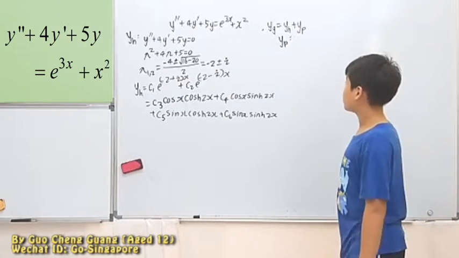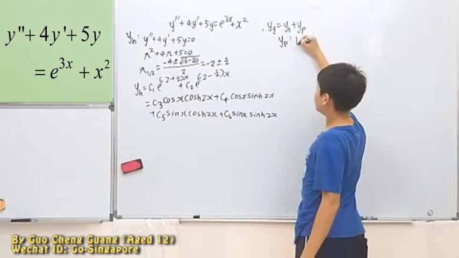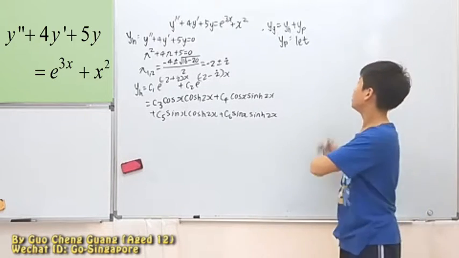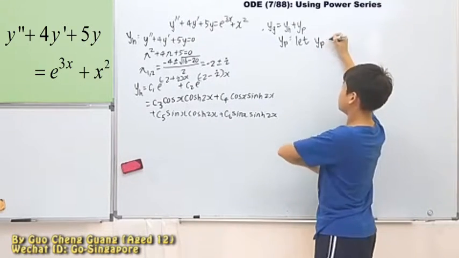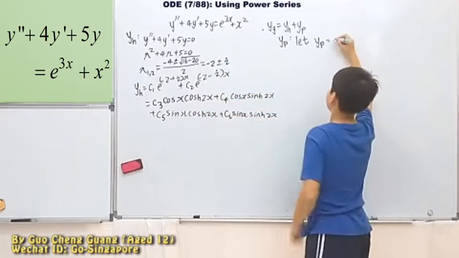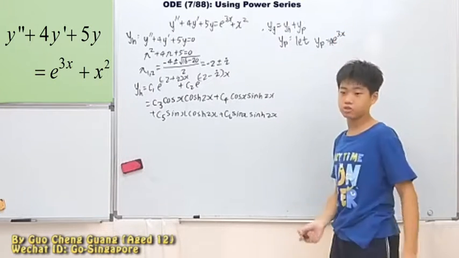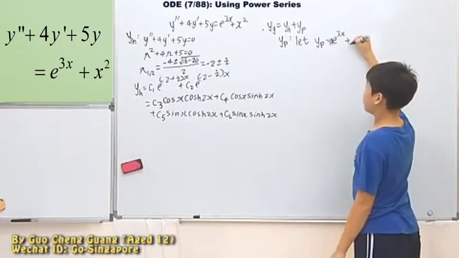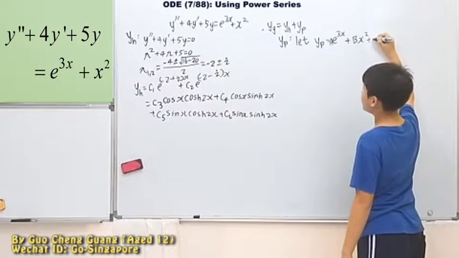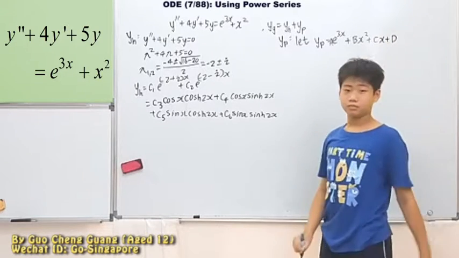After that, for your yp, what would you need to let? Let yp be a e to the power of 3x, because here you have e to the power of 3x, but you don't know how much of it we have. Then after that, bx squared, then cx, then d.